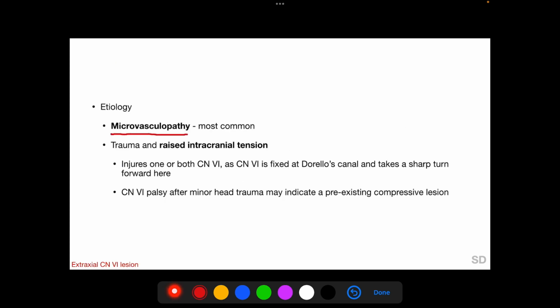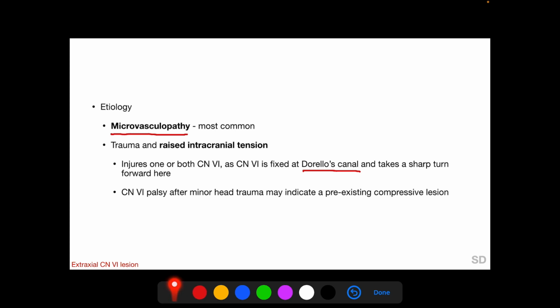Microvasculopathy is the most common cause of a sixth cranial nerve palsy, and a microvasculopathy, as we have seen, causes an unilateral isolated mononeuropathy. Trauma and raised intracranial tension may injure the sixth cranial nerve either unilaterally or bilaterally, and this occurs at the Dorello's canal, which is near the petrous apex.